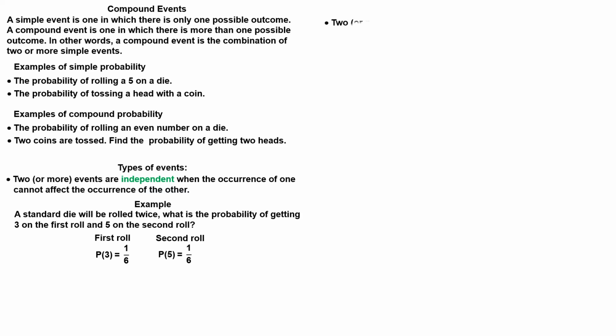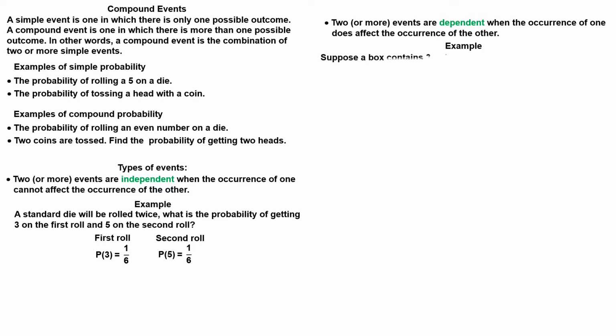2 or more events are dependent when the occurrence of one does affect the occurrence of the other. Example. Suppose a box contains 3 red and 2 green marbles. One marble is randomly chosen, its color is noted, and it's then put aside.